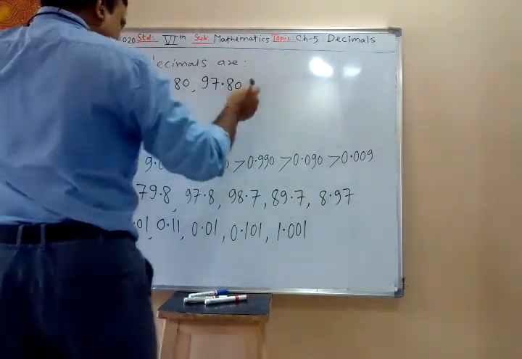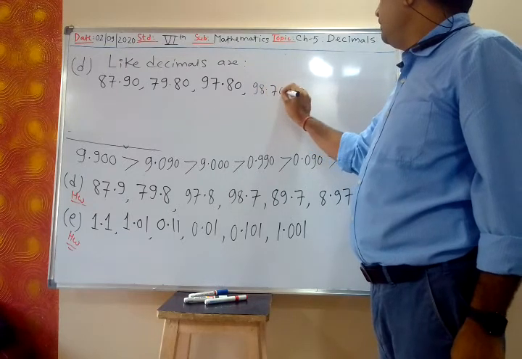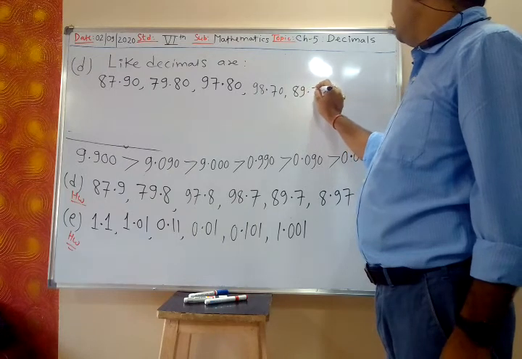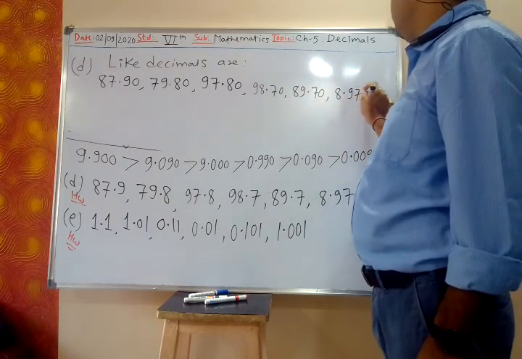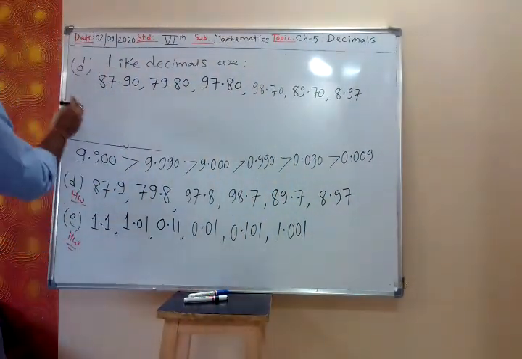Then 98.70. Then 89.70. Then 8.97, we keep that only, because after decimal there are 2 digits. So now we write them in the descending order.